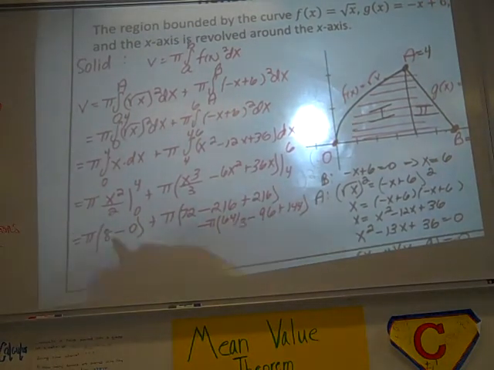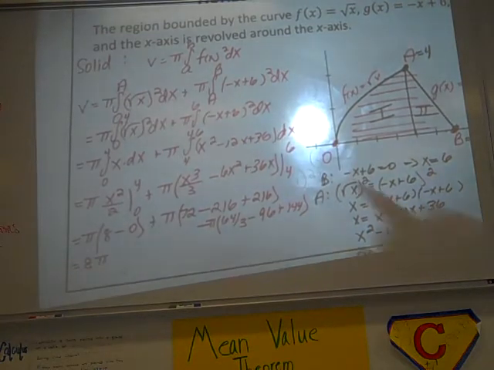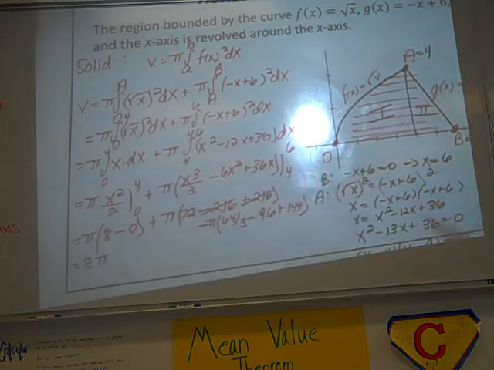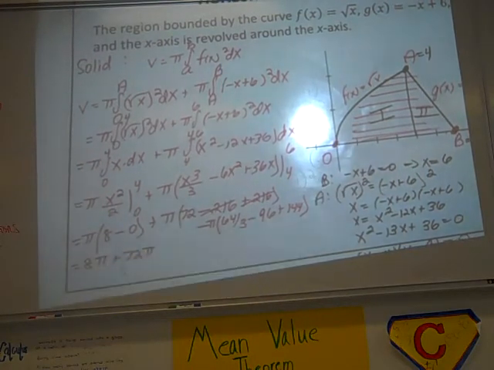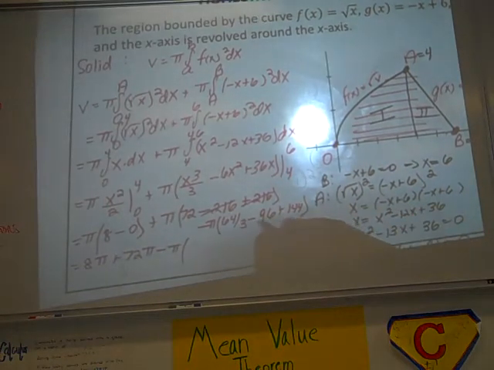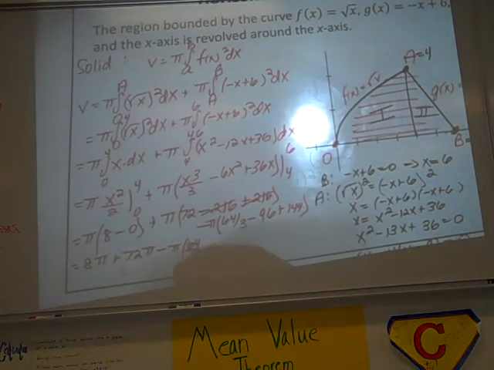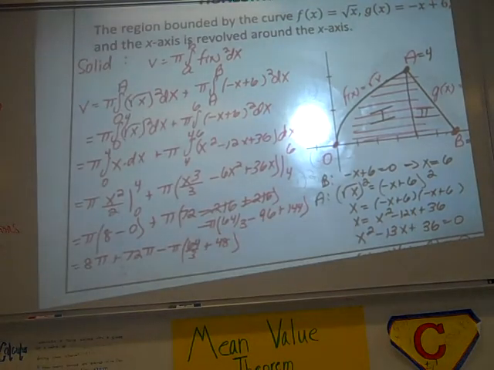Okay, we're going to finish this off. 8 minus 0 is 8, so this first part is 8 pi. The second term, negative 216, positive 216, those cancel. We get 72 pi minus pi. What happens in here? Negative 96 plus 144 is 48, so we're going to get 64 over 3 plus 48.